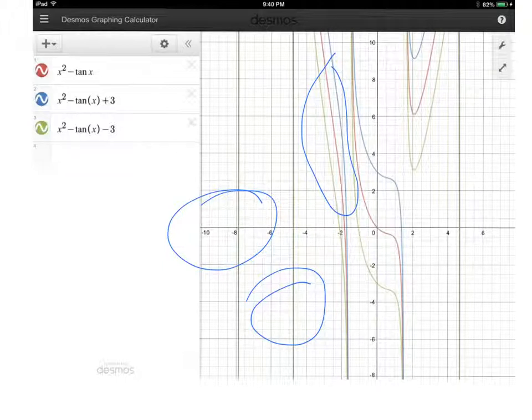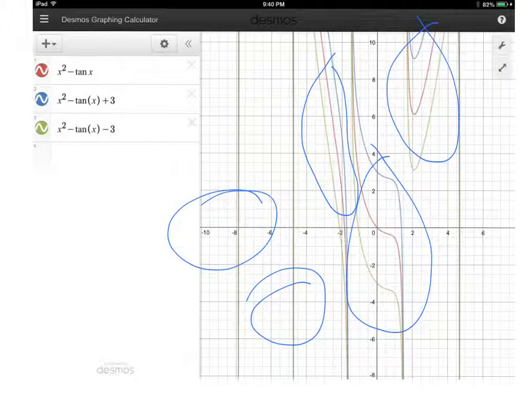The other two you can't hardly tell, they're so steep. You've got this segment right here, you've got this segment up here, and then you go back, and there's actually more to this graph as you go out to the right as well. So notice that we have all of those different segments in there.